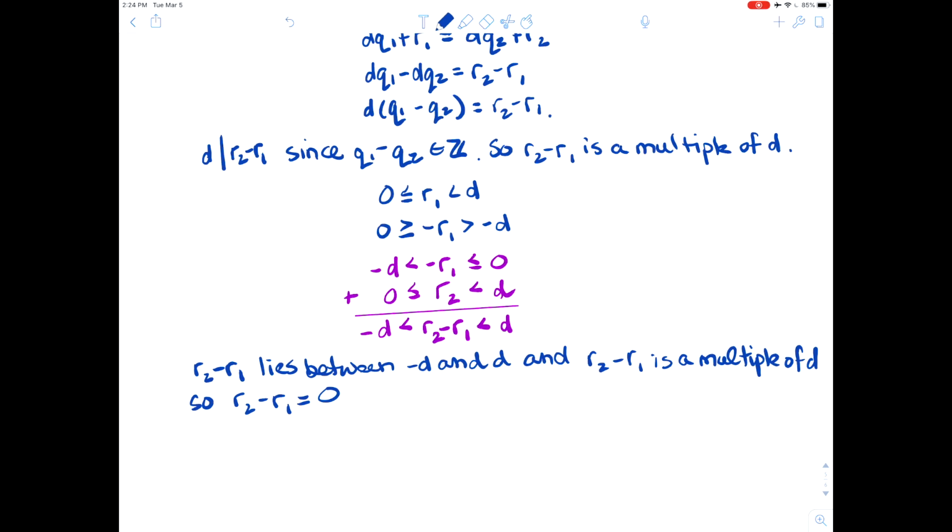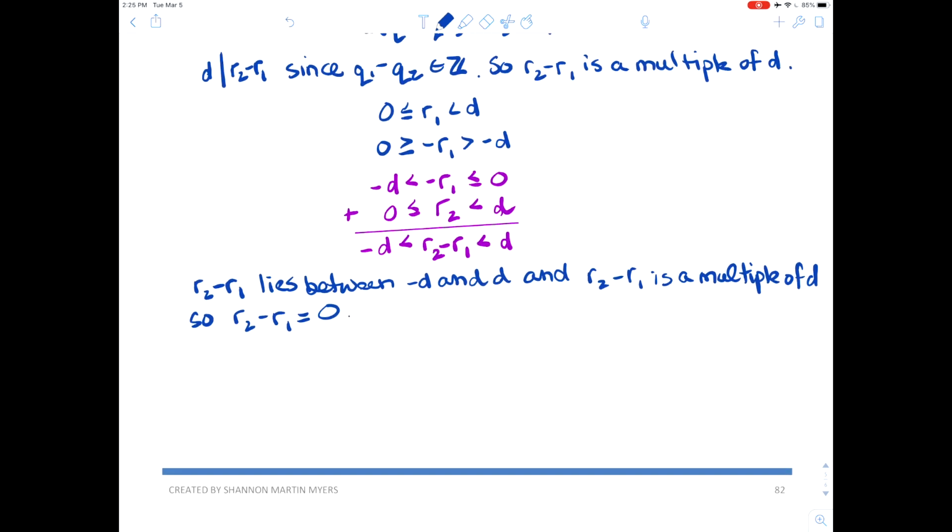All right. So, coming back to what we're starting with, dq1 plus r1 is equal to dq2 plus r2. Now, by the way, let's add one more thing. What does that mean? That means that r2 equals r1, right?